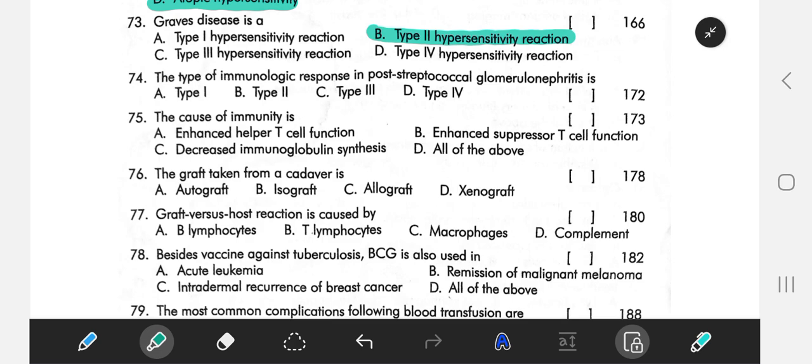The type of immunologic response in post-streptococcal glomerulonephritis is answer is C, type 3.